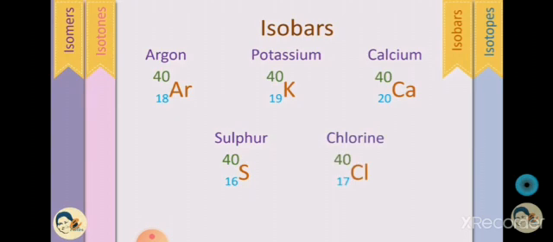Another element, calcium, denoted by the symbol Ca, has atomic number 20 and mass number 40. Another element is sulfur. The atomic number is 16 and the mass number is 40. One more element, chlorine, has atomic number 17 and mass number 40. All the elements have the same mass number. So these elements are called isobars.